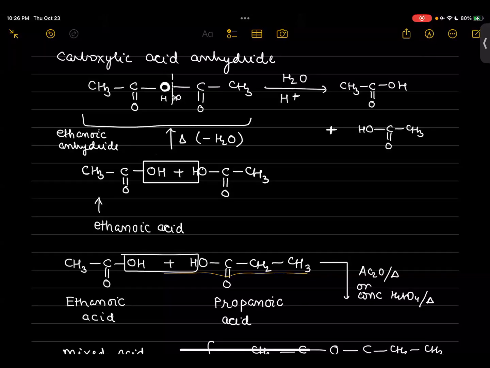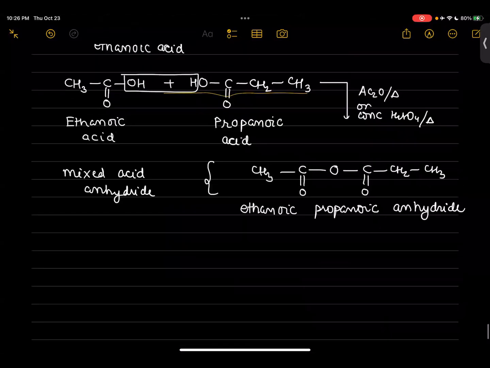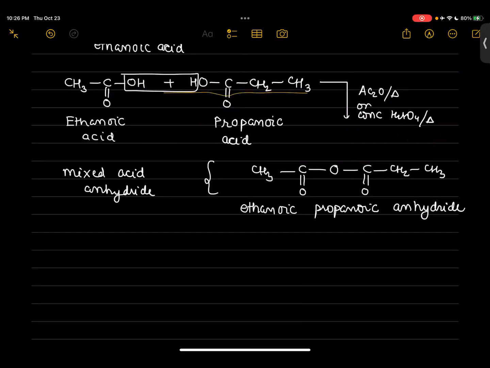But if you have 2 different parts, like the one which we have seen just now, you are going to get 2 different carboxylic acids. Okay, with the mixed anhydride, you are going to get 2 different carboxylic acids. Okay, this is the hydrolysis of anhydride. Okay, very easy.